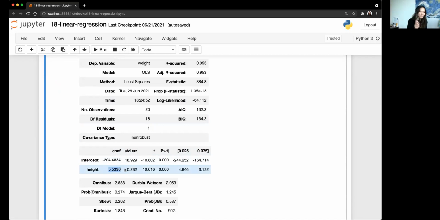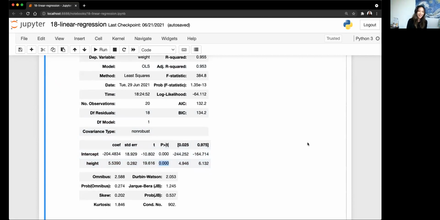The important distinction here is, let's say I had a coefficient, and it doesn't matter what number that coefficient is. If I had a high p-value, that just says that the relationship, no matter what the non-zero number is, is not significant.